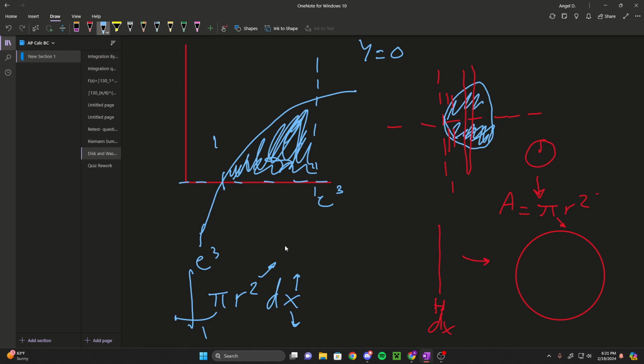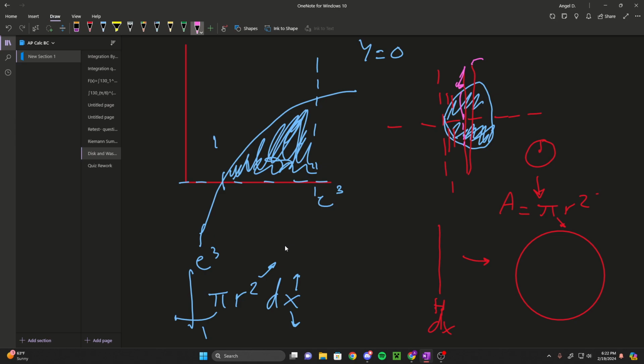So if we compare, when we take that dx, let me grab another color real quick, we're going to say that this is the radius. All down here, that's the diameter of a circle, and that piece up here is going to be our radius. So how do we get the radius, you might be asking?